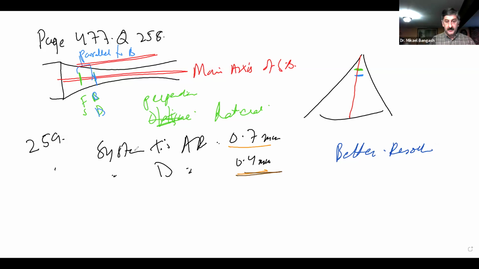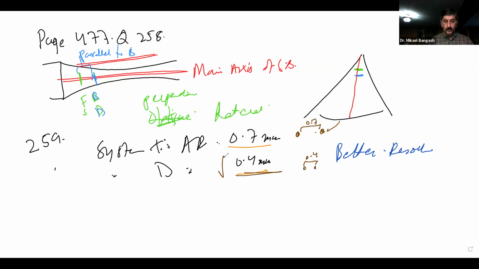So this system here is okay as long as there was a distance of 0.7 millimeters between two structures. It will give you a good axial resolution. Whereas this system here is able to display two structures separately even if there only was a distance of 0.4 millimeters.